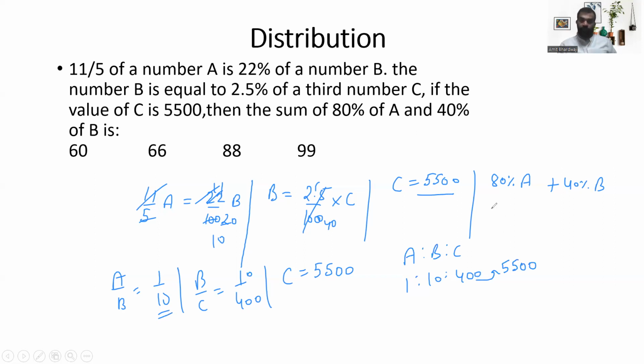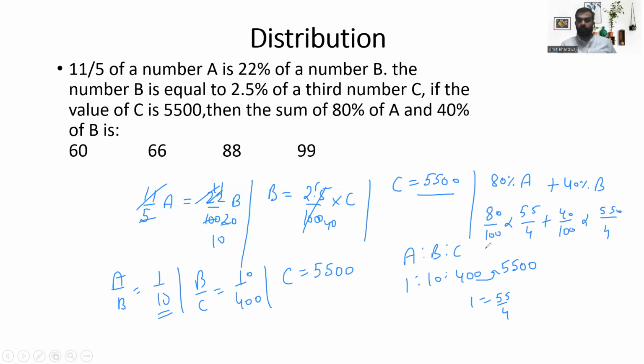So 80% of A means 80 by 100 of A, and A is 1. So 1 is equal to 55 by 4. 55 by 4 plus 40 by 100. B will be 10, means 550 by 4.